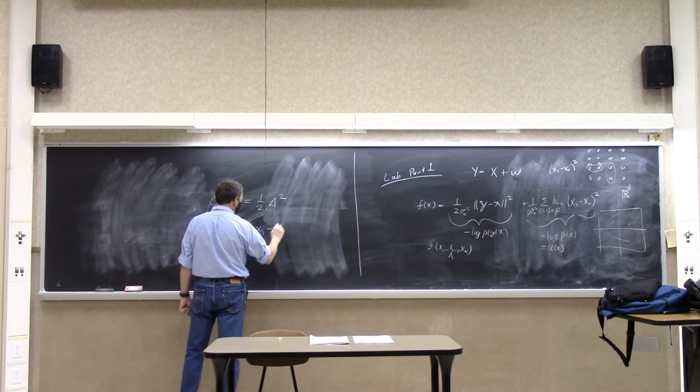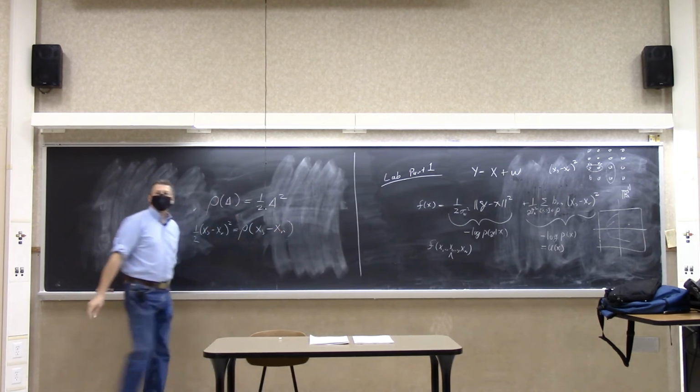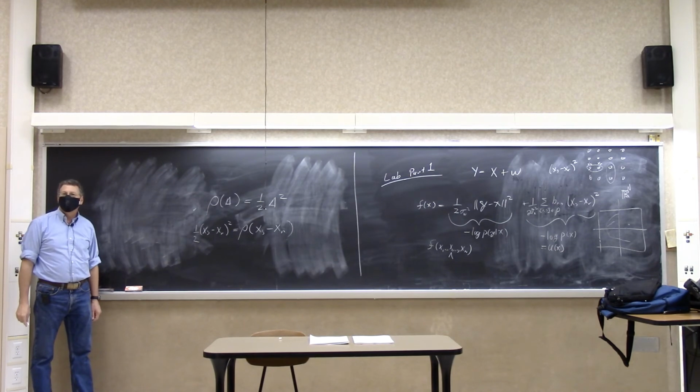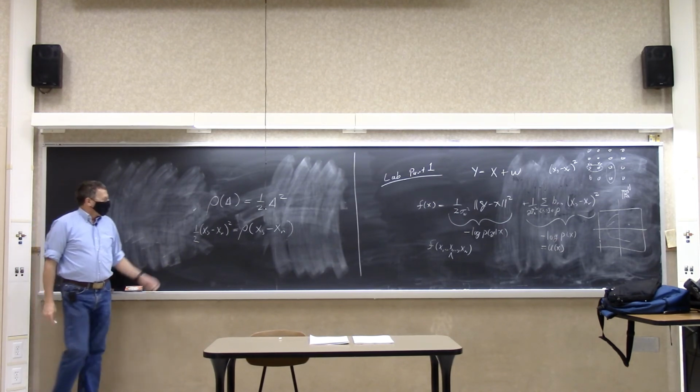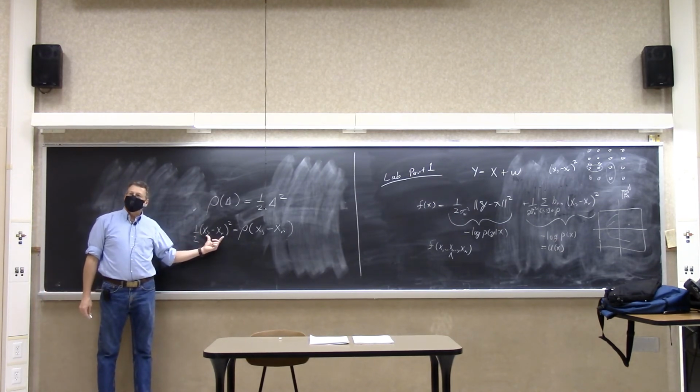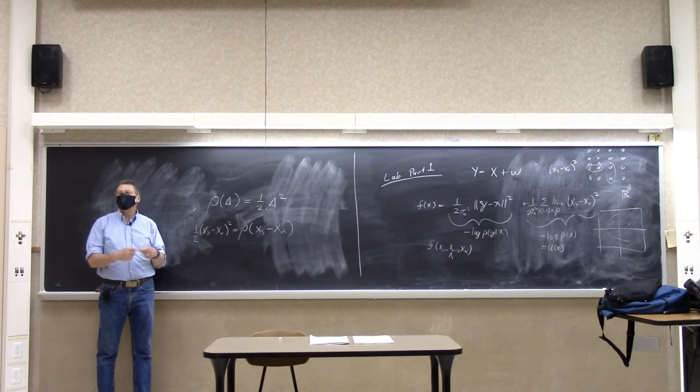So when this gets large, what happens to the probability of the image? It decreases, because you're saying that image pixels that are nearby each other should be similar in value, right?